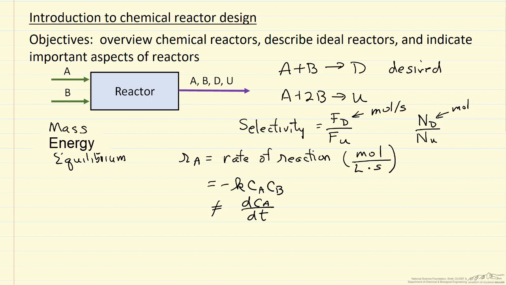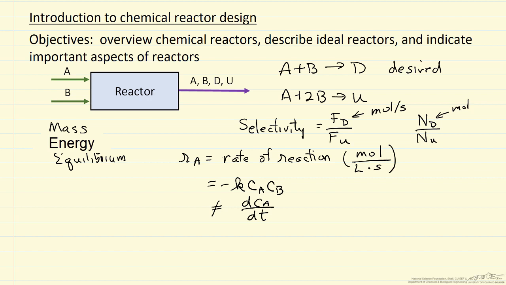In some special circumstances, that's true, but in general, it's not the case. If we're looking at this flow reactor that's at steady state, the change in concentration with time is equal to 0. So we have to be careful when we talk about rate of reaction that we're going to use in the mass balances.